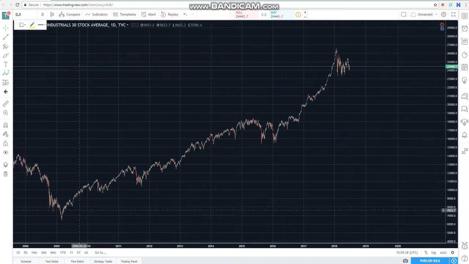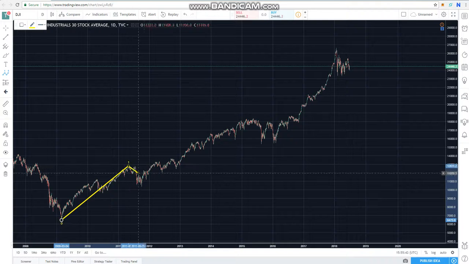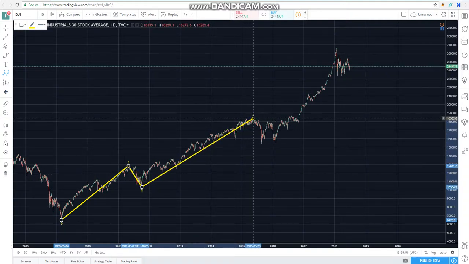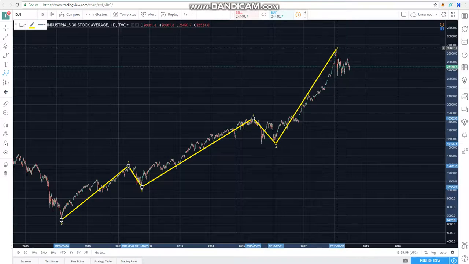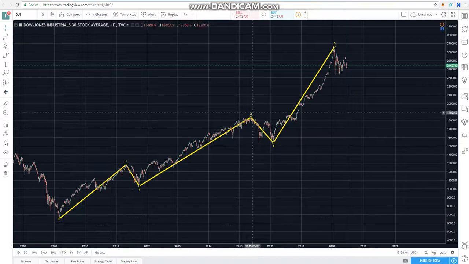If we count from the financial crisis low, if we say, for example, this is wave 1, and this corrected wave 2, which looks very like an A, B, C, and then a wave 3 over here, and which afterwards have an ABC, which looks like it, A, B, C, and then a final wave 5, which looks to be an extended wave 5, then this would classify as a typical 1, 2, 3, 4, 5 Elliott wave count, with the wave 3 fulfilling the requirement where it is not the longest, but it is not the shortest.